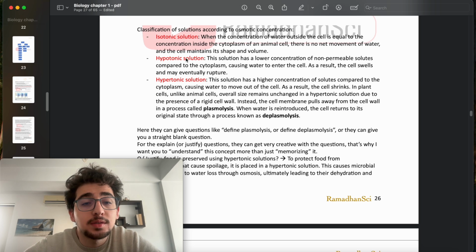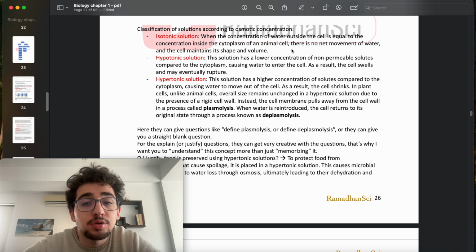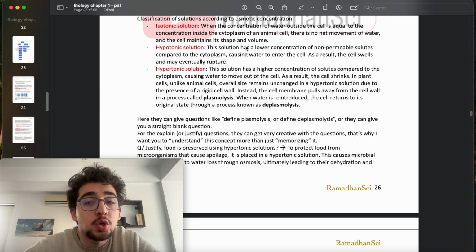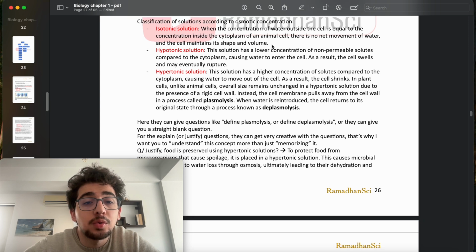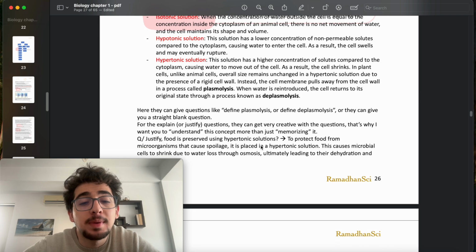In the isotonic solution, the concentration of water outside and inside of the cell is equal. So there will not be a net movement of water, and the cell will maintain its shape.